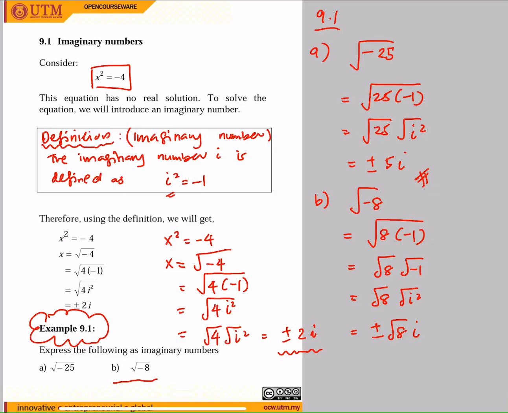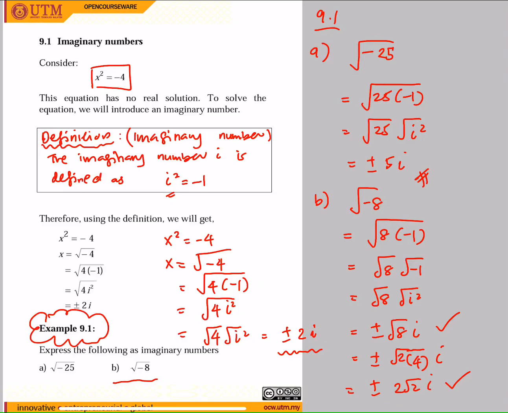Or the square root of 8 is actually the square root of 4 times 2, so the 4 can come out as 2, giving 2 root 2 i. You can leave it like this or like that, no problem.